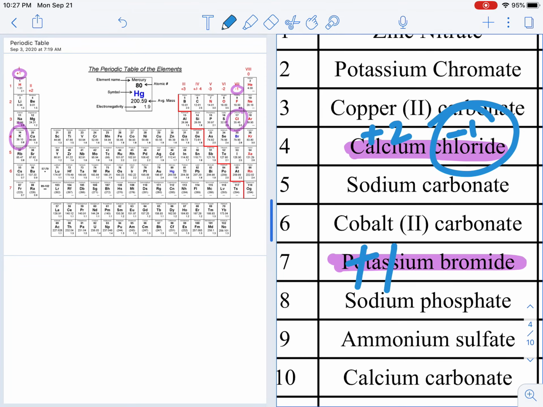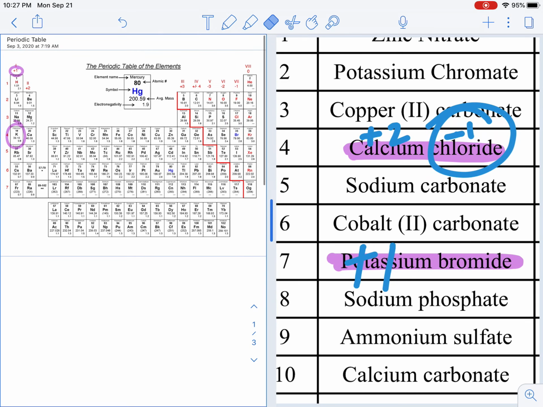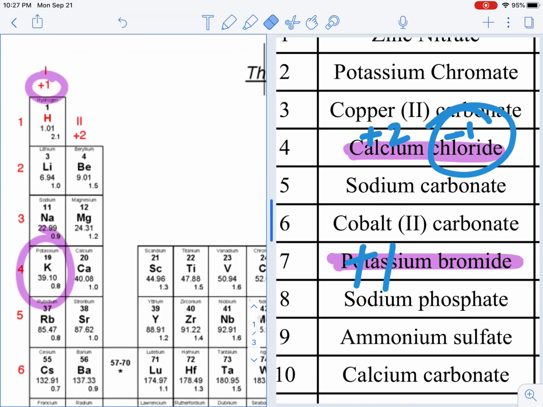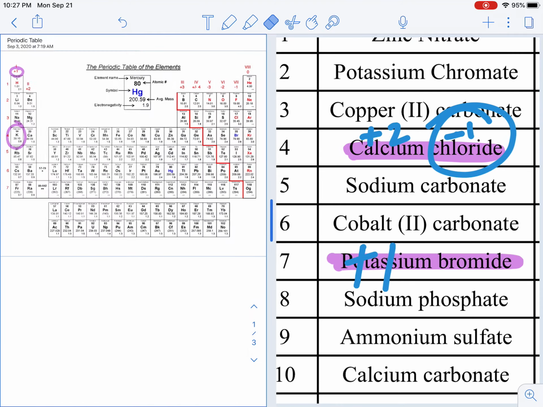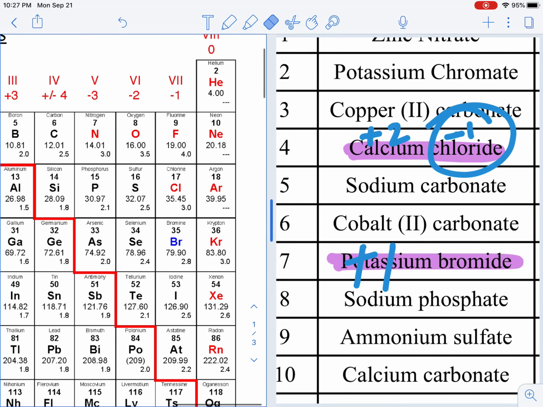Now, I can look at these very quickly because I also remember that ionic compounds are made of a metal and a nonmetal, a left and a right, a cation and an anion. So as soon as I find the cation on the left-hand side, I know that my next one has to be an anion, and I'm looking over here on the right-hand side. That's how I can find them so quickly. So I find bromine, and it's a -1.